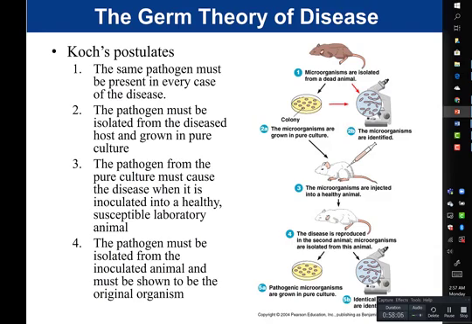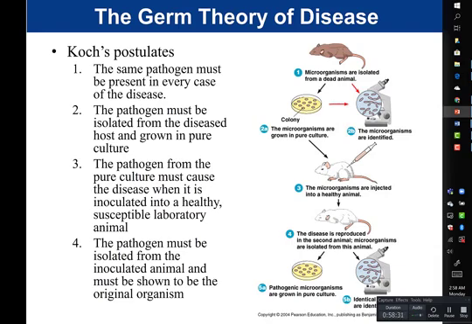And so there are several rules that have to be met in terms of Koch's postulates. 1, the same pathogen must be present in every case of the disease. So when you isolate from the mouse that died, the one that was injected, you have to have the same pathogen in every case of that disease.